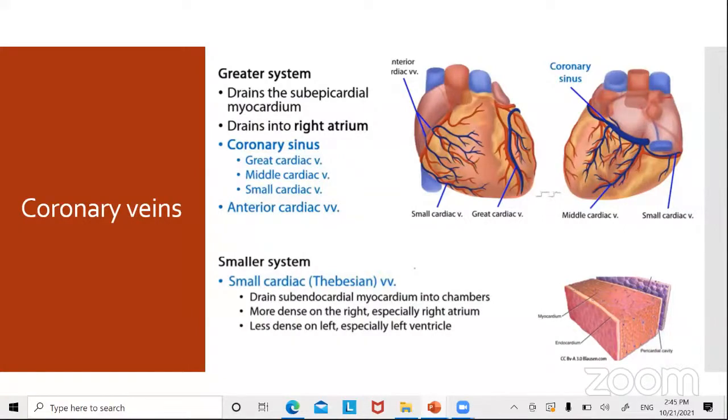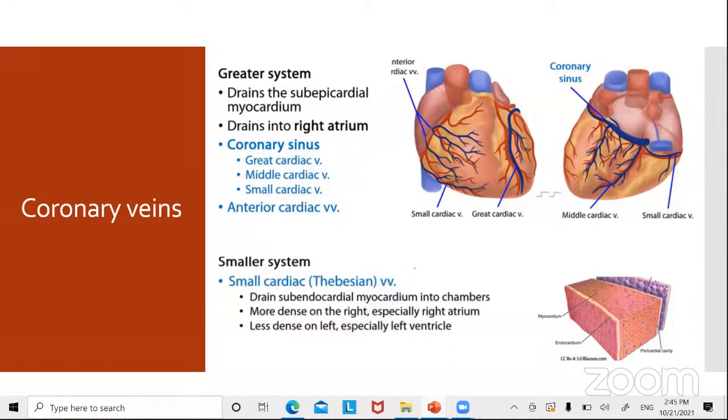The coronary veins: there is a complex network of veins that drains the coronary circulation. It returns the deoxygenated blood from the myocardium back to the right atrium. We have two systems, the great system and the smaller system.